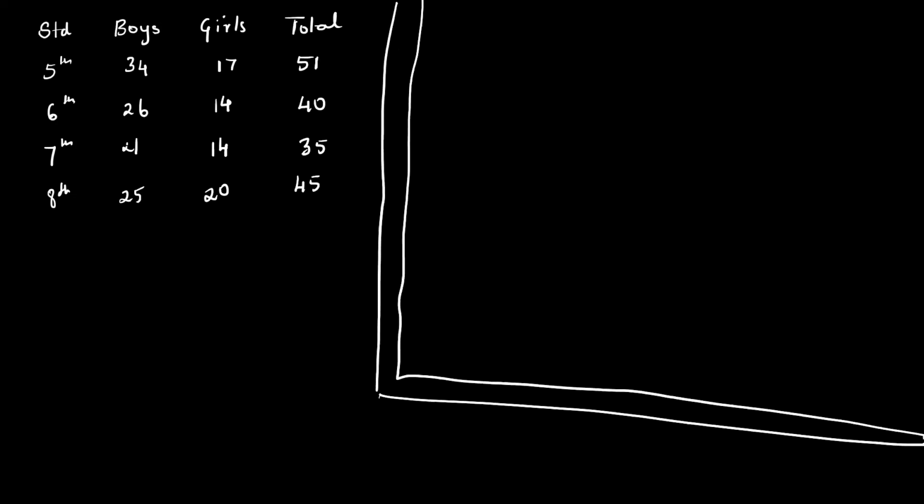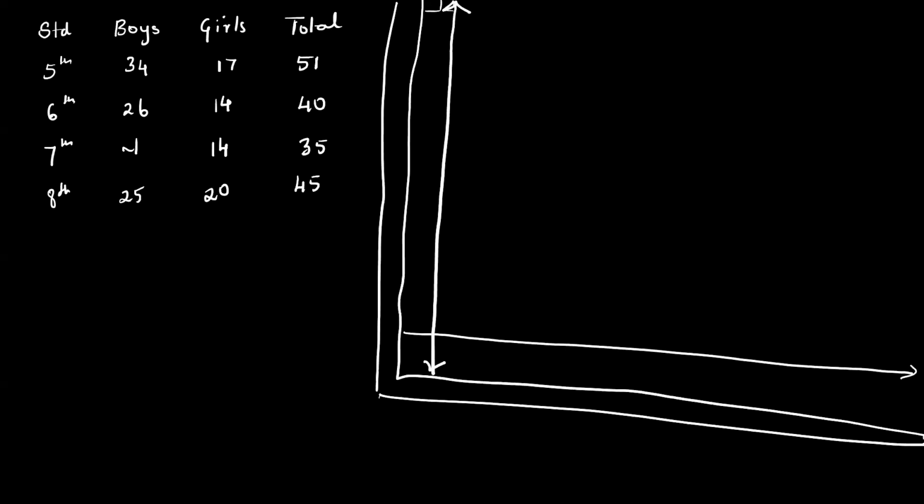Make sure you follow this rule: whenever you have a subdivided bar diagram to be drawn, leave two boxes from the left and draw a vertical line. And leave two boxes from below and draw a horizontal line. Quickly do this and message me yes once you do this.